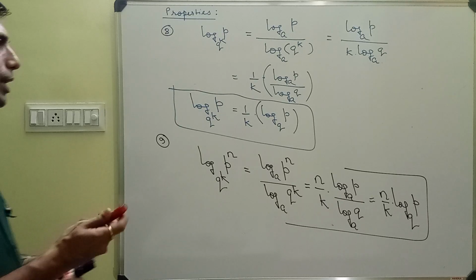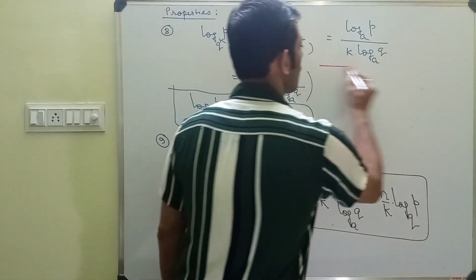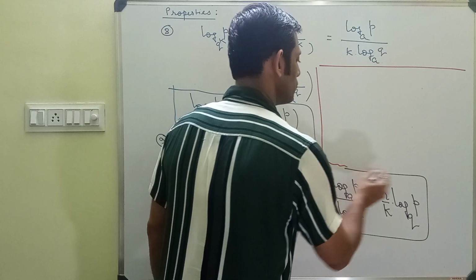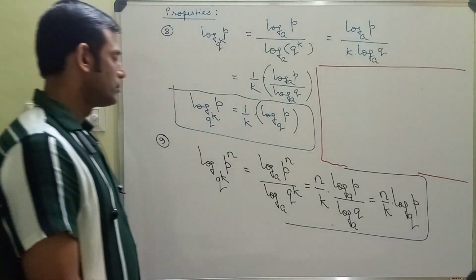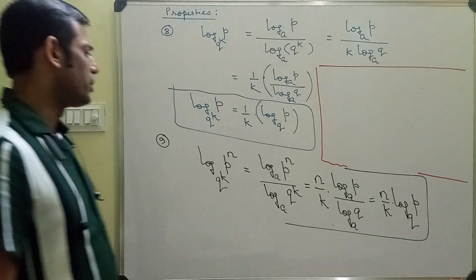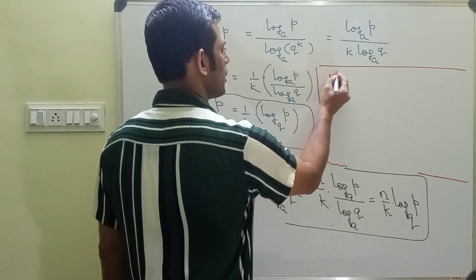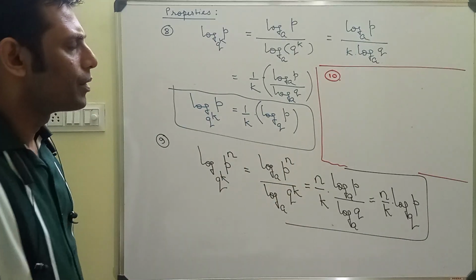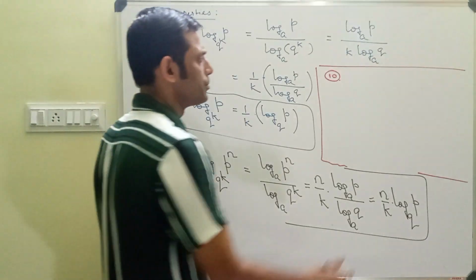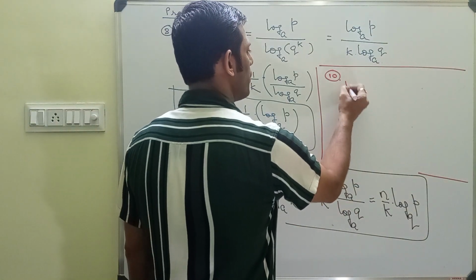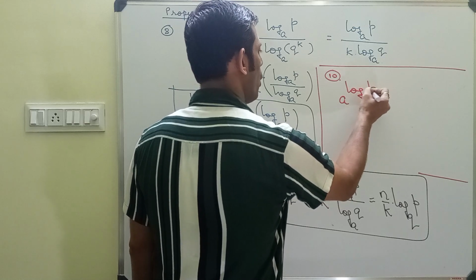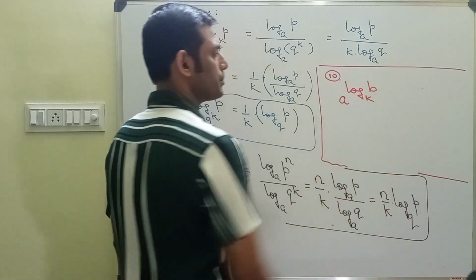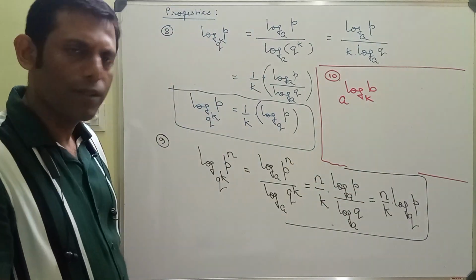Here itself, we can have some space for property number 10. Say, for example, you are given an expression like this: a to the power log b base k. Can you think?